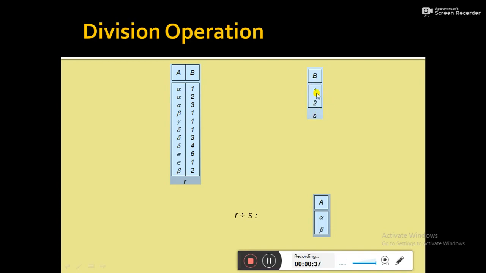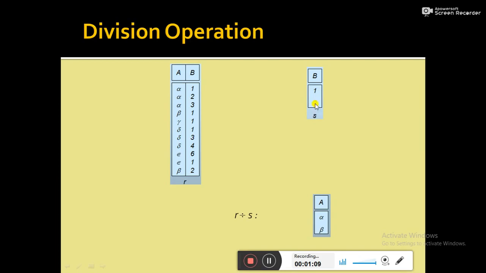So for every tuple, meaning 1 and 2, if a corresponding record is present in relation R, check: for 1 and 2, alpha is present. For every tuple in S, alpha is there, so that value will be selected. Next, check beta. Yes, for beta, 1 is present and 2 is present, so beta will be selected.